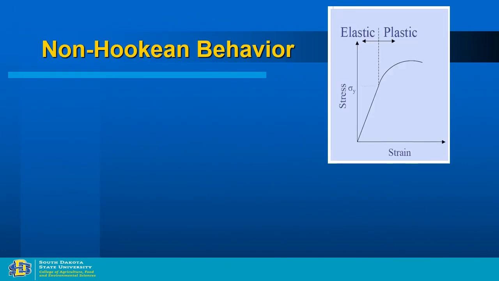Okay, now we are going to talk about non-Hookean behavior. Basically, our biological materials and food materials fall under non-Hookean behavior. Whatever we have done so far, we assumed they are elastic materials up to this point. And that's why it's called apparent elasticity.